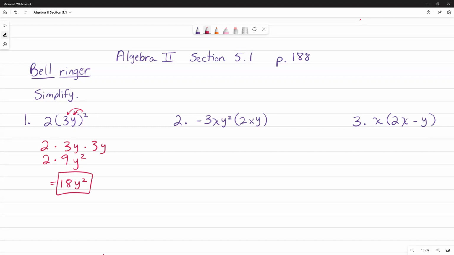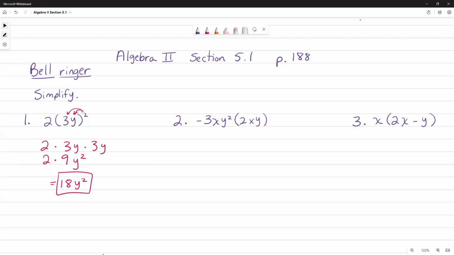All right, what about number 2? So number 2, we're using the product property of exponents. So you can think of it as we're adding their exponents. You're multiplying like terms.